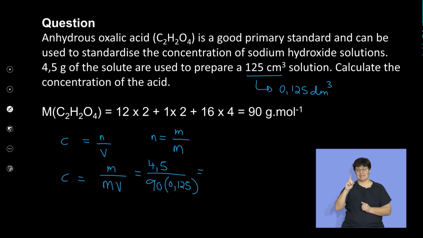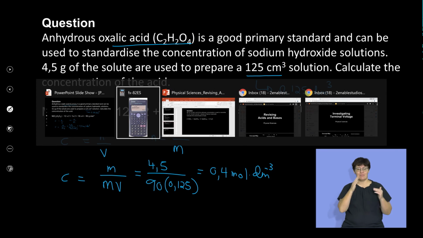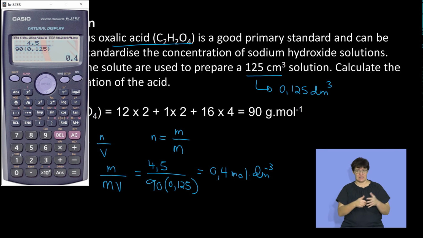So the concentration of this oxalic acid is 0.4 moles per cubic decimeter. So that's how we determine the concentration. Be careful when you use the calculator. In some cases, it will give you the answer as a fraction. You are able to convert that to a decimal fraction, to 2 decimal places.